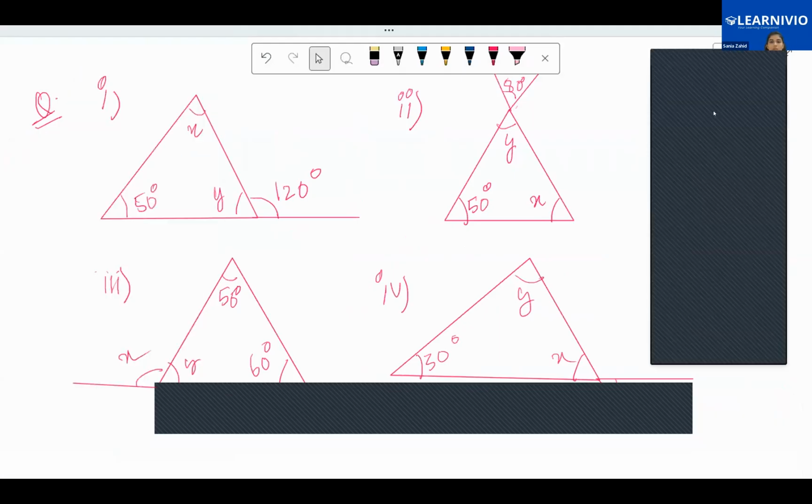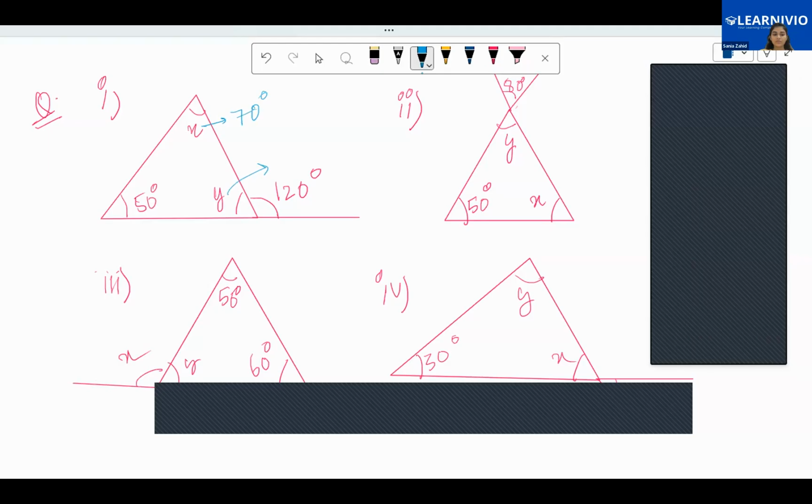Okay. So, Manha, tell me the first one. The first one is x is equal to 70. x is equal to 120 minus 50, which is 70. Okay, and what is y?